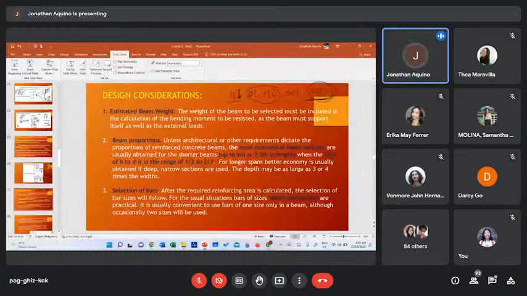But this is only applicable for short spans, 6 to 7 meters in length.